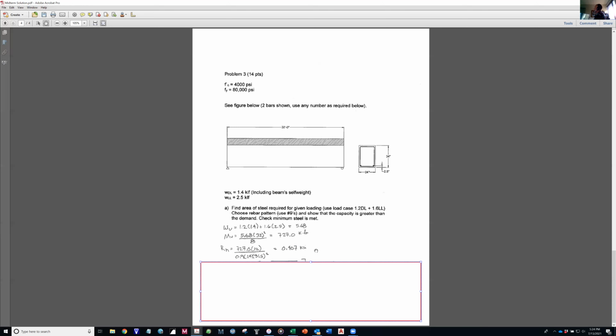And then you go to your textbook and you start looking through your tables to find out what rho is when you have an Rn of 407 psi. What did you find when you went through your tables? Nothing. That's right, you found nothing.